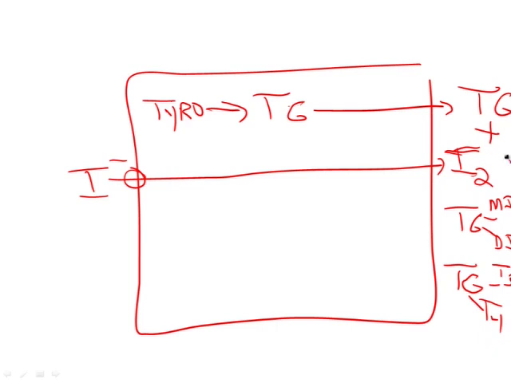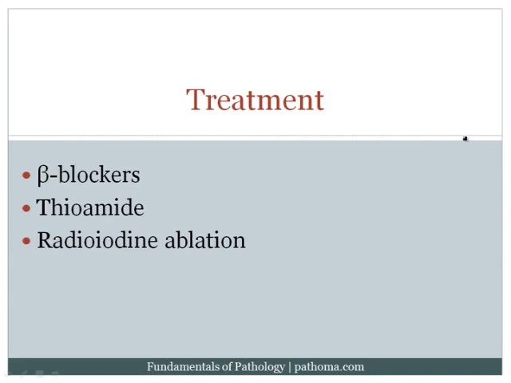Now, important to note that all of these steps here, the oxidation, the organification, and the coupling, these are all catalyzed by peroxidase. And so if you block peroxidase, obviously you're going to block the ability to produce thyroid hormone. And so that's how thiamide works.